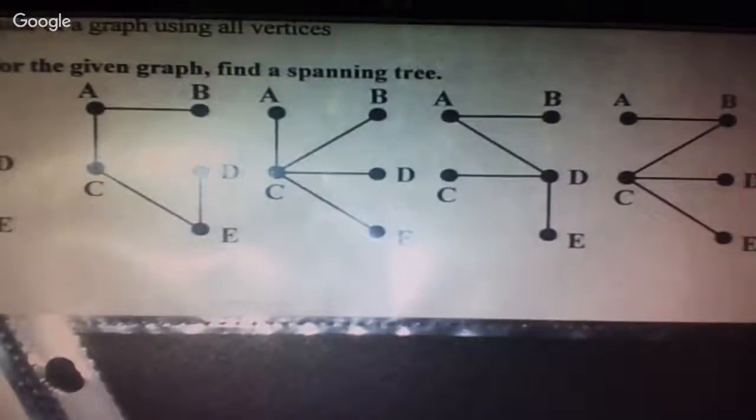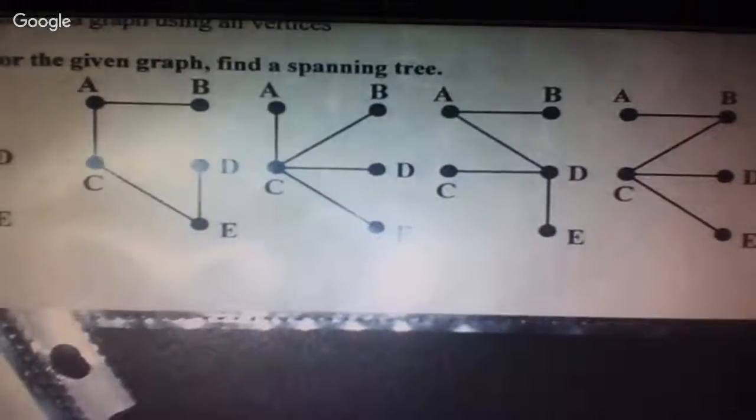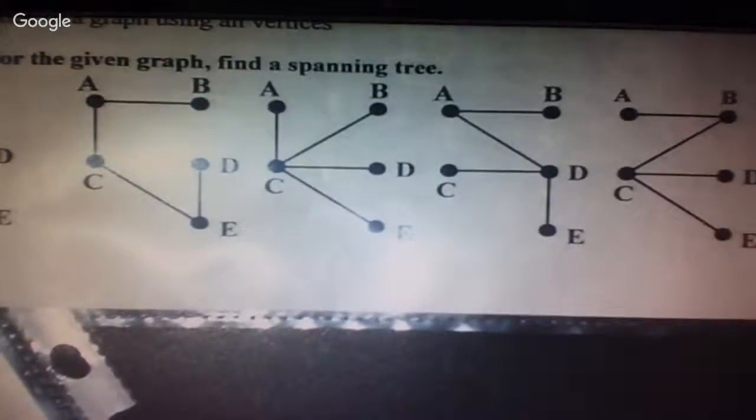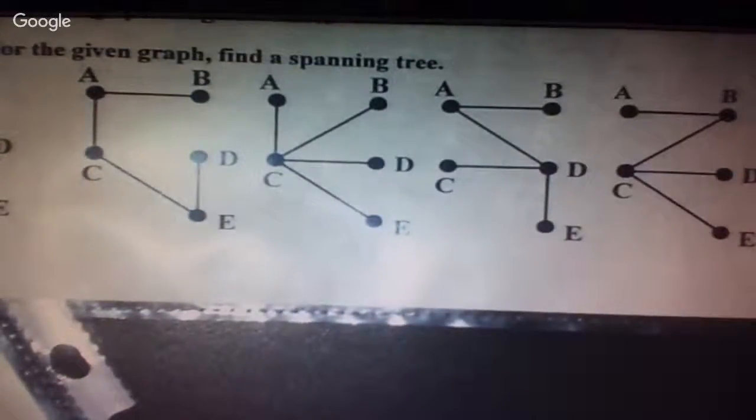These are all examples of a spanning tree that connect all 5 of those dots. Any of these would have been correct. You just cannot create a circuit, which is why you only use 4 edges, because as long as you reach out to every dot, you'll never create a circuit that way.